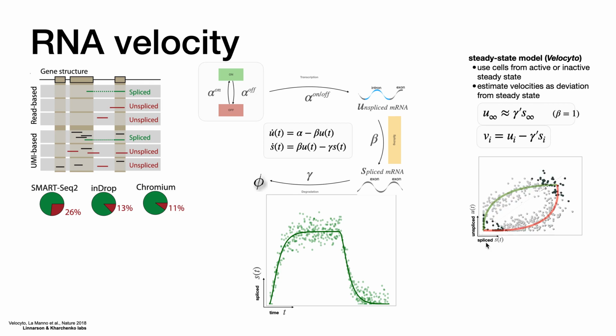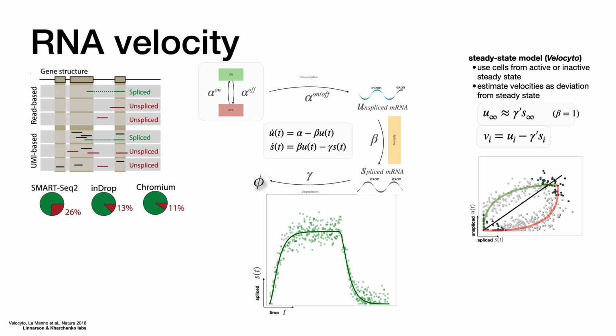The upper end and the lower end of these two processes, where the red curve and the green curve meet, these are the steady states. So we have either a steady state where no transcription is taking place, or where we have a balance of spliced and unspliced reads.